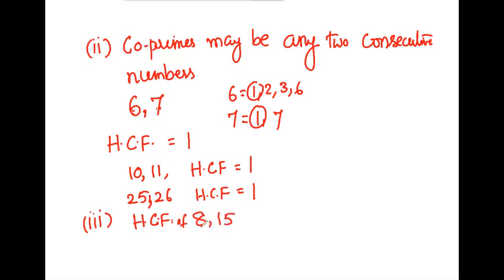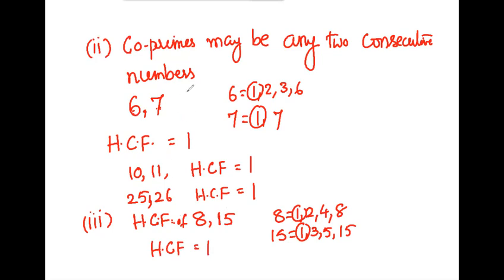Here 8 is a composite number, 15 is also composite. Factors of 8 are 1, 2, 4, 8. Factors of 15 are 1, 3, 5, 15. Here 1 is the common factor. So these numbers are also called co-primes or relatively prime numbers because their HCF is 1. In this way, we can find the HCF without doing actual division.